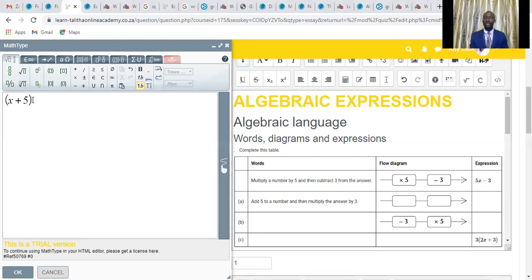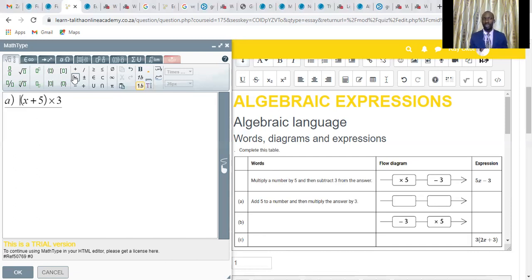If we put it inside the bracket, it is a lot easier to see how you can multiply, and that way the rule of algebra will not have been broken. From here, we then multiply by 3. That would be the solution to this first practice question, part A.